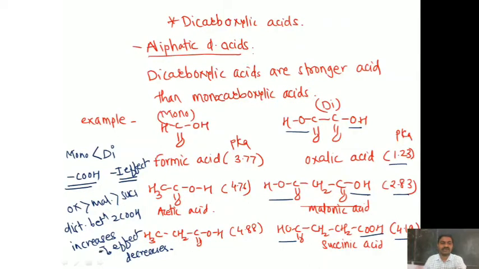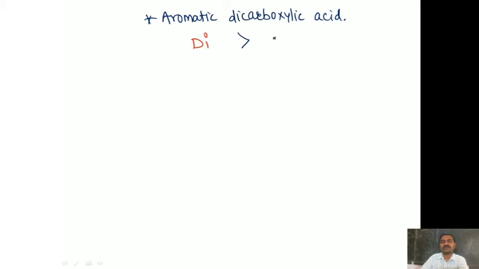Now let's take another example of aromatic dicarboxylic acid. Again the case is the same. Dicarboxylic acid is stronger acid than monocarboxylic acid. Now let's take the example of aromatic carboxylic acid, benzoic acid.